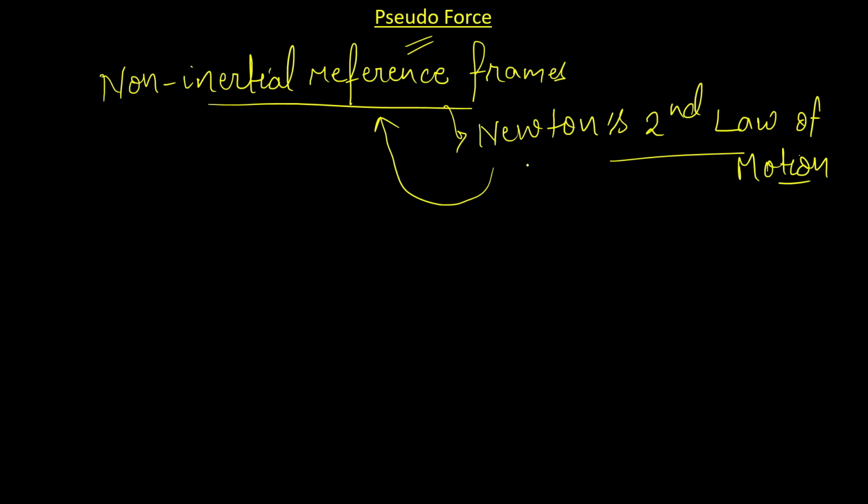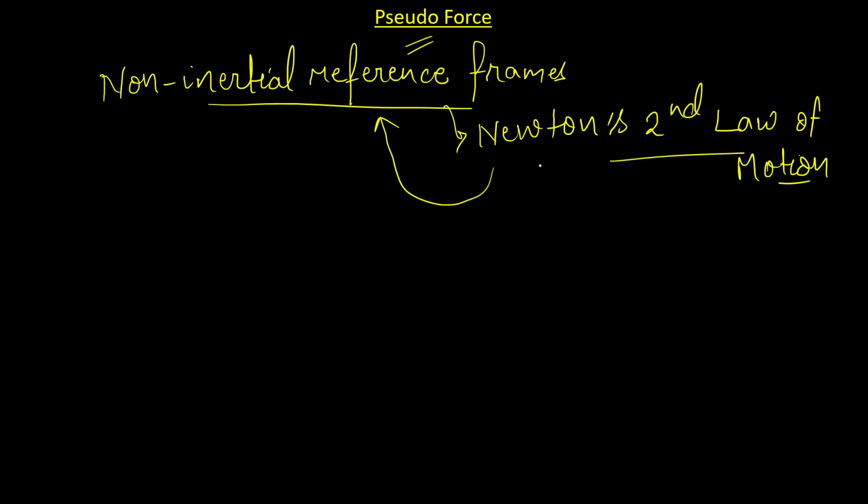And that is where pseudo force comes in. Pseudo force is basically that concept which extends Newton's second law of motion even to a non-inertial reference frame, because in actuality Newton's second law of motion is invalid in a non-inertial reference frame. And you already know what a non-inertial reference frame is. It is a reference frame which is being accelerated with respect to some inertial frame of reference.